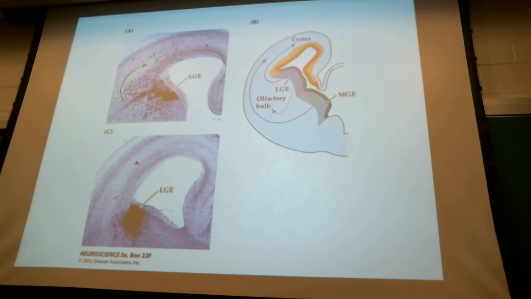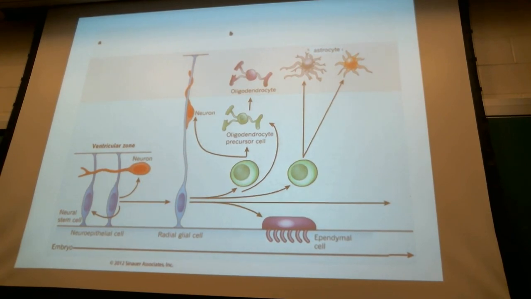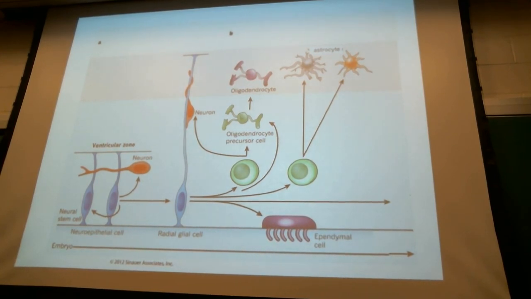So in addition to making different types of neurons, timing is important for producing other cell subtypes. For example, oligodendrocytes will be produced after they were producing neurons. So they produce neurons first, and then oligodendrocytes and astrocytes. So timing governs the cell type, not only types of neurons.